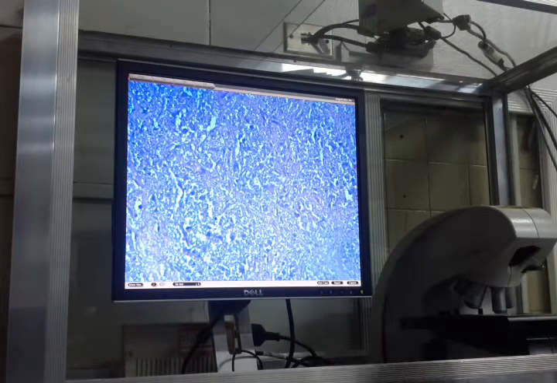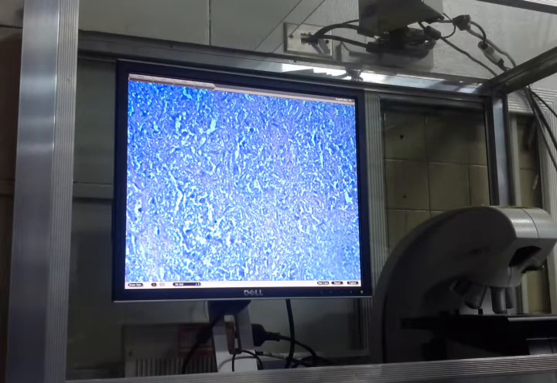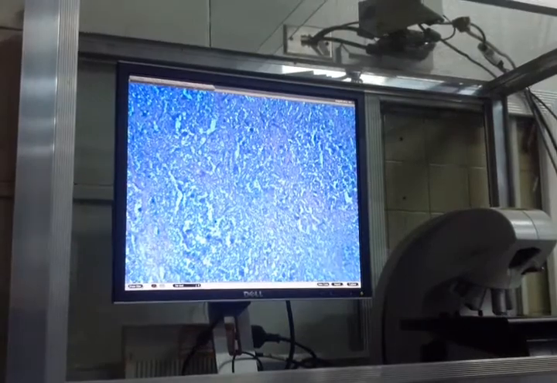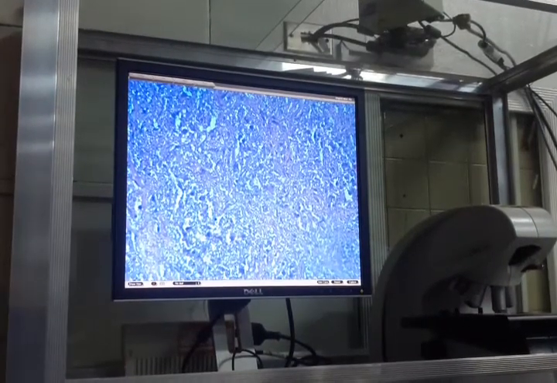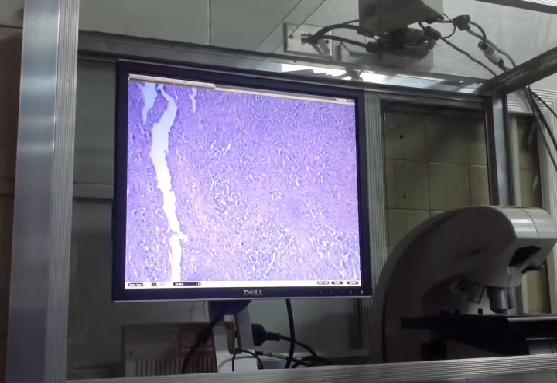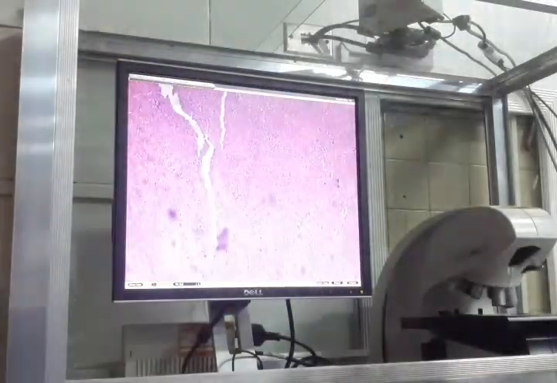What is focused? Can you see anything? Can you recognize it as a tissue? Higher magnification.